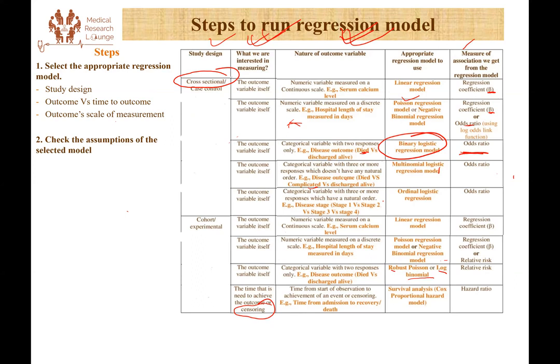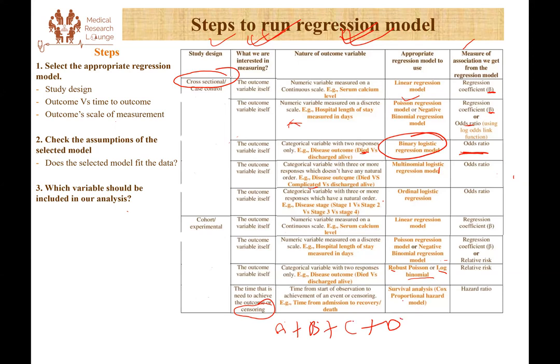If some of the assumptions fail, we have to consider modifying the scale of measurement of our outcome variable or changing the analysis model in general into something that fits better. So after that, the next thing is, since we're running regression, that means we have different factors, A, B, C, D, like could be age, sex, having comorbid illness, smoking.